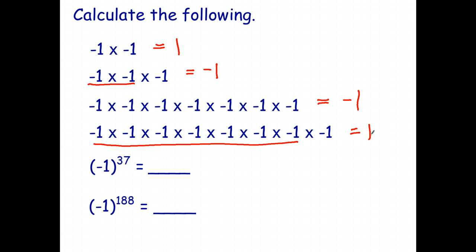So if the number of negative ones that you're multiplying is even, it's going to be a positive answer. If it's odd, it's going to be a negative answer. So knowing that, see if you can work out the answer to those two questions, please.